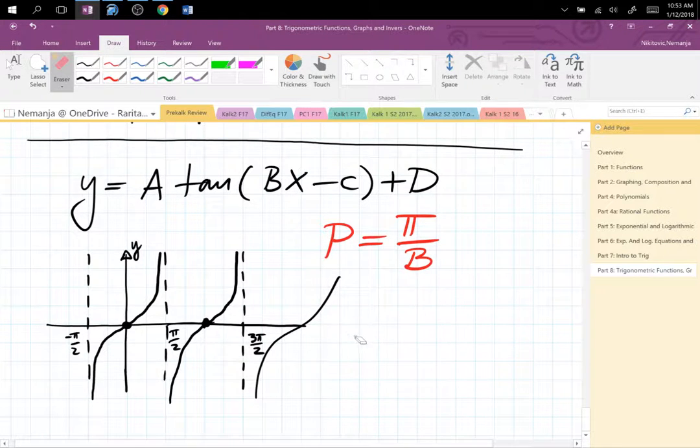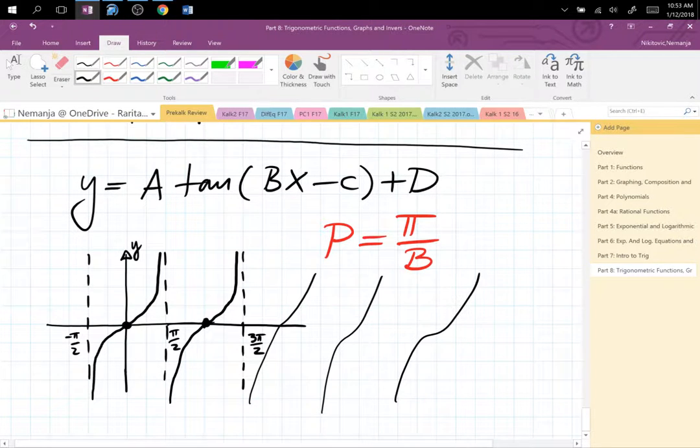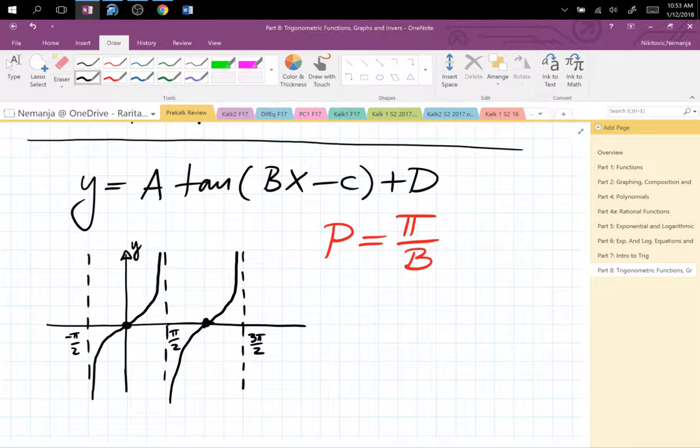The tangent will continue going forever, doing the same thing. I drew 2 periods right there, and the one that goes through 0, 0 is the principal one, the main one. And then I drew just 1 extra because I can.